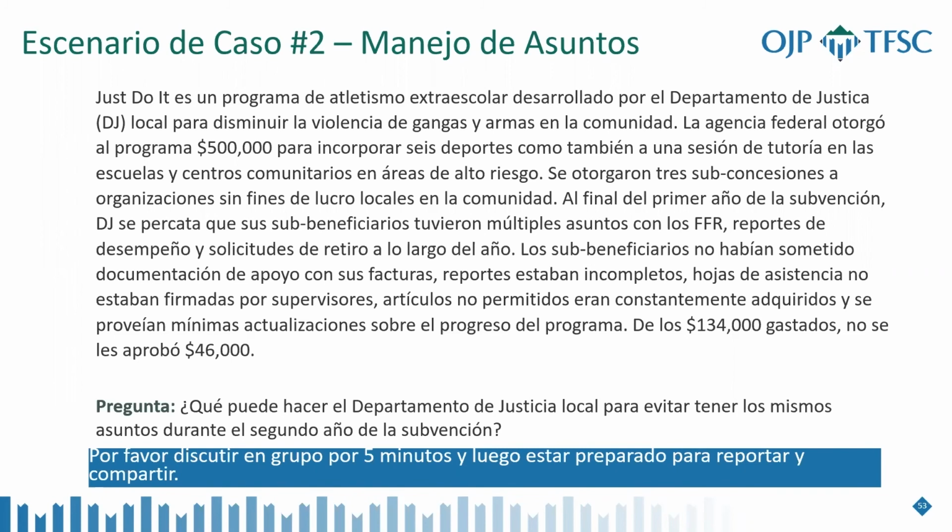So, nosotros hablamos clasificando de alto riesgo y monitorearlo más fuerte, hacer una tablita para clasificar cuál gasto es permitible, no permitible, suspender los fondos y trabajar con ellos para arreglar las deficiencias.